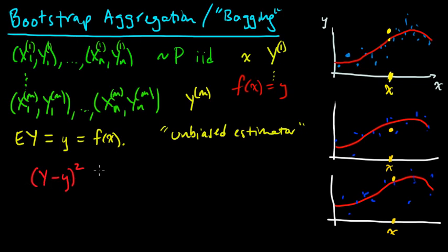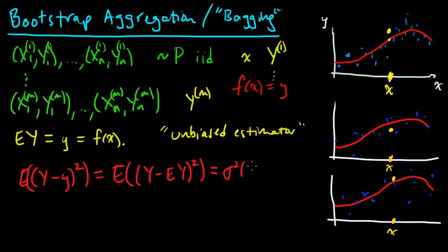Then the expected value of this quantity is called the risk. So this function is called the loss function, and the expected value is called the risk. And since this is equal to the expected value of y by assumption, this is just the variance of y.